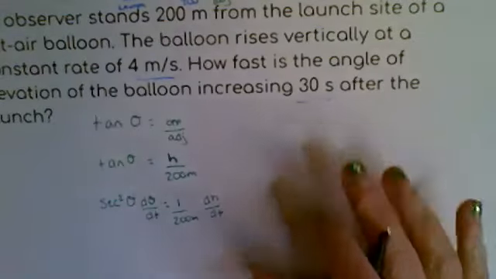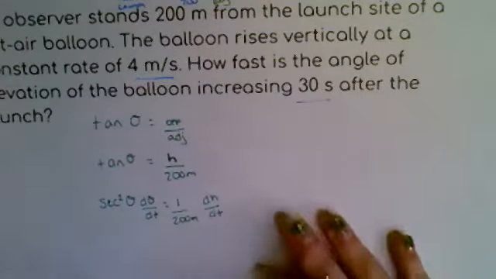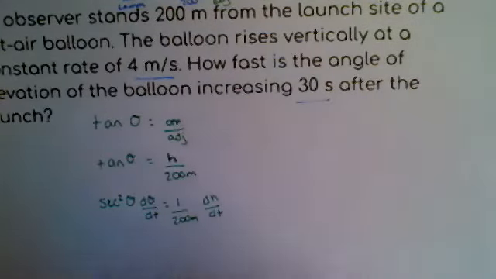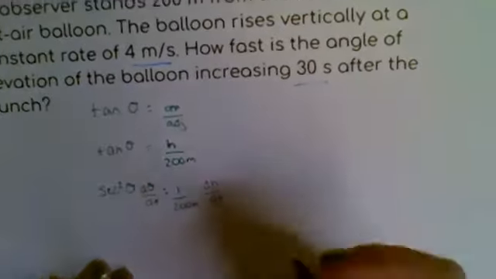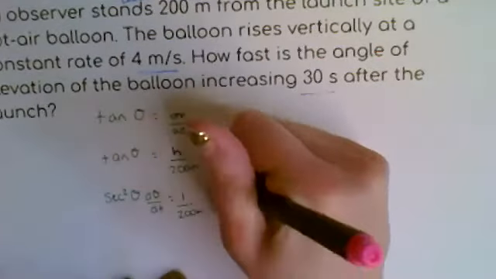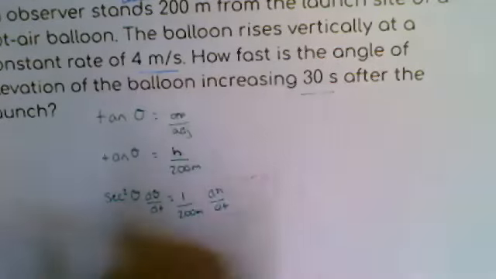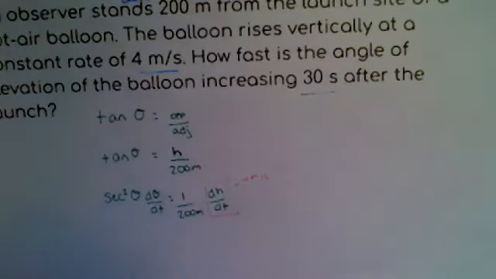Now we're going to have to plug in our information, and make sure that we have everything first. So we know dh/dt is 4 meters per second. One of the things that we did not do is solve for our angle.